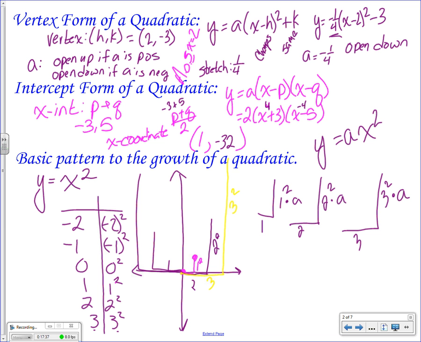Any questions so far? We can back it up mathematically. We'll put the points in so you believe what I'm telling you. I don't want you to just go, okay, she's right. We should be able to prove it, and I'll prove that it works.